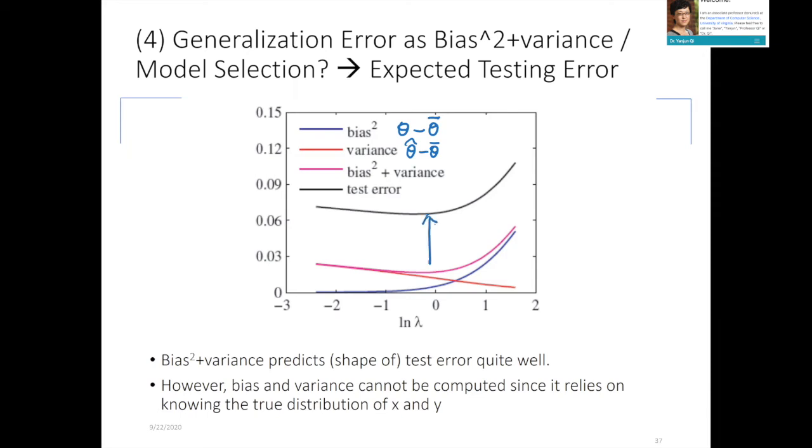In this case, because you know the truth, you know the test error. You can actually tell, because bias and variance summation is the EPE, right? This is what we did equation-wise. It's just the definition. And we can tell the observed test error, the cross-validation test error, almost follows the same shape as bias plus variance.